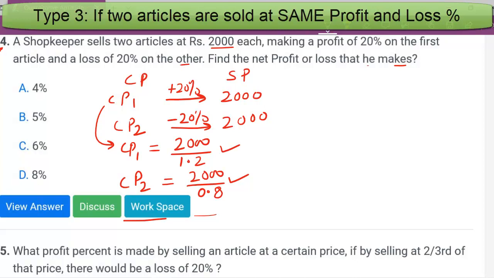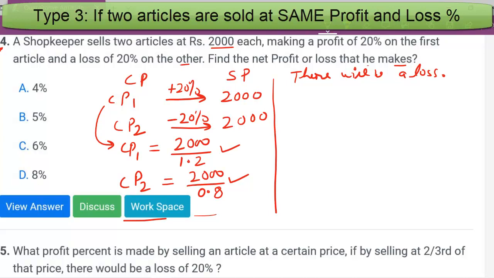So accordingly you can find out the percent, whether it is a profit or loss. But in this case there will always be a loss, let me tell you. And what is the condition?